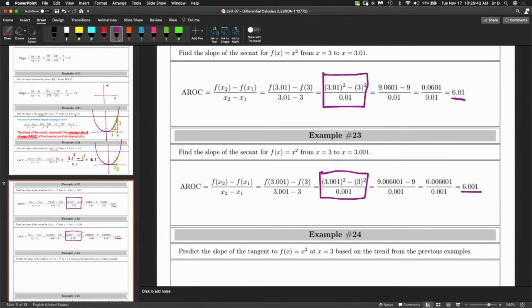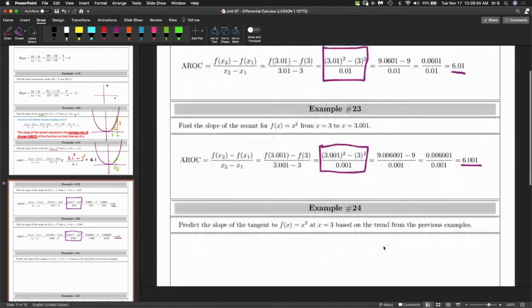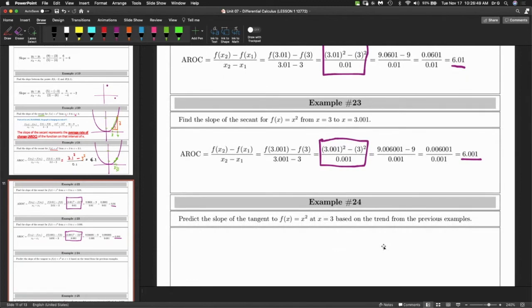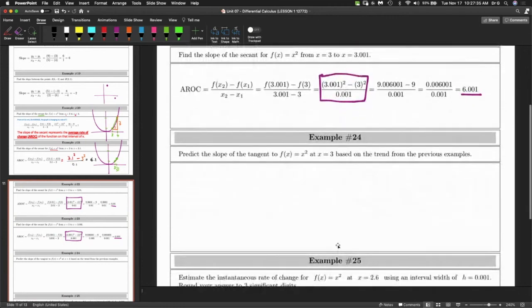So in the next question, I want you to think about what the actual slope will be overall. All right. So how do we do the actual trend here? Can anybody suggest to what value the slope approaches?